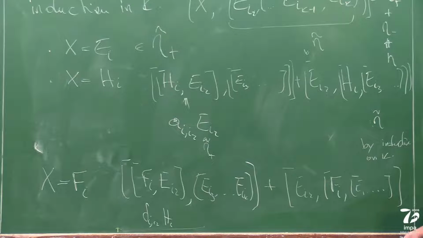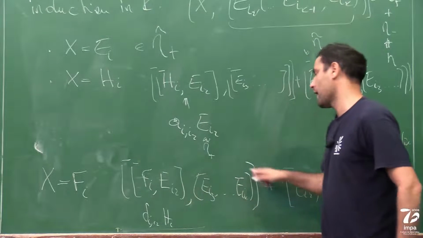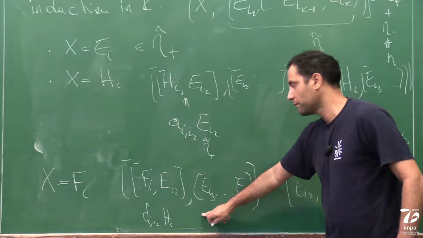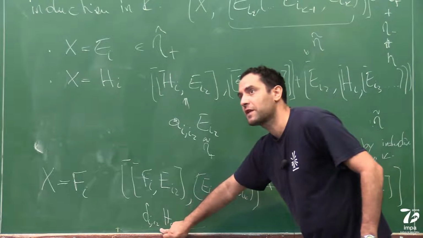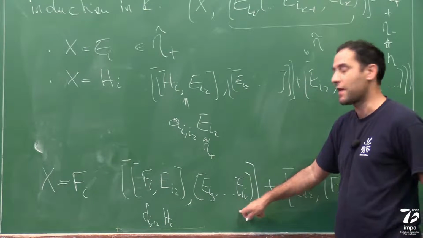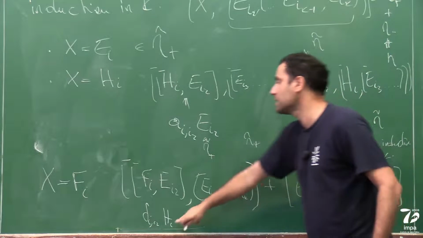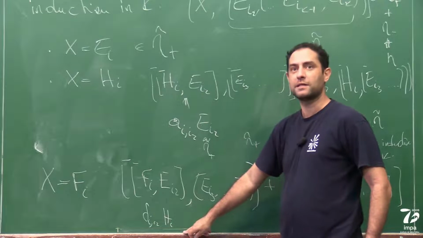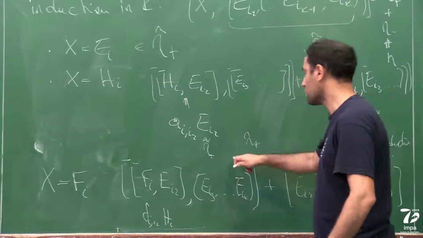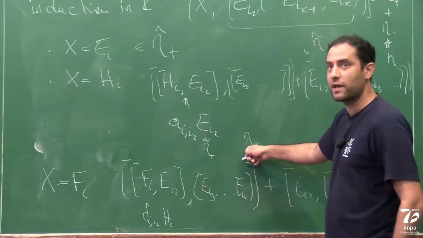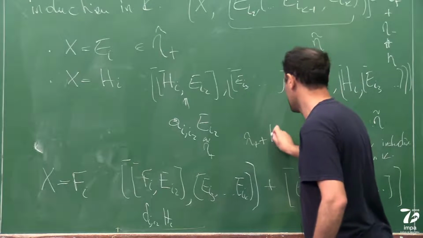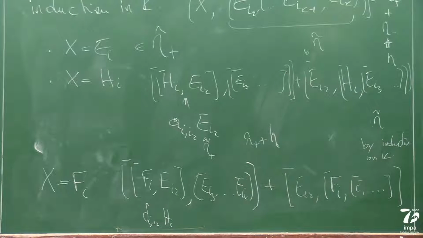So if this guy is non-empty, then this is a bracket of something in H with something in n plus, and then it's again in n plus, in n tilde plus. But if this guy was empty, then this is in H and not in n tilde plus. Okay? So this, in principle, is either here or in H. So therefore, this thing is in the sum of n plus plus H.